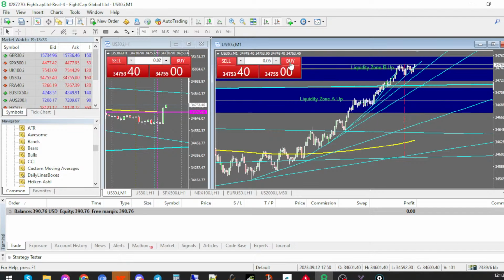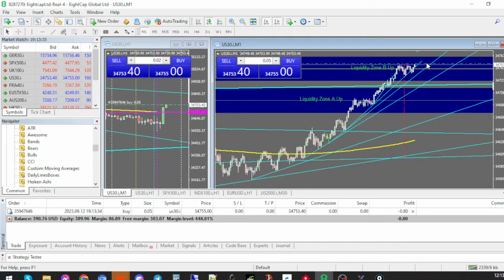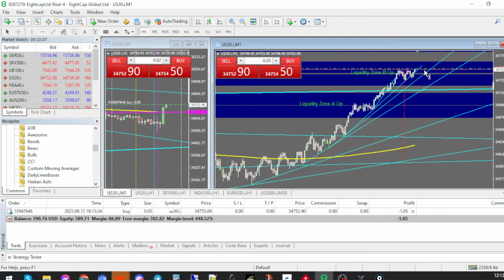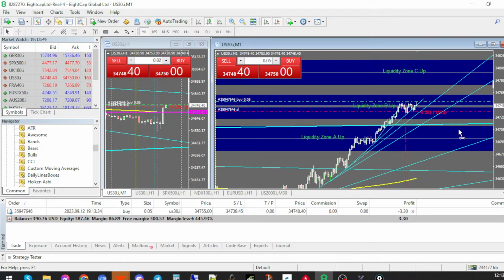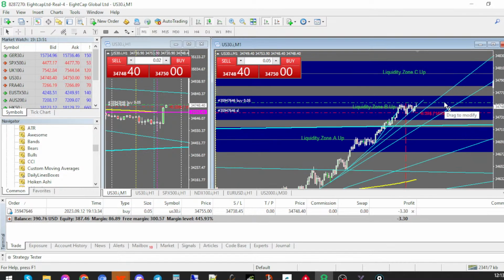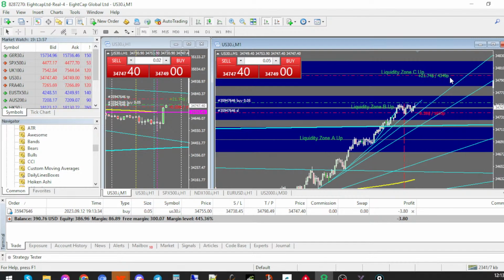So I'm going to look to go long on this one, and my profit target would be to this zone C. Let's see if the price goes.